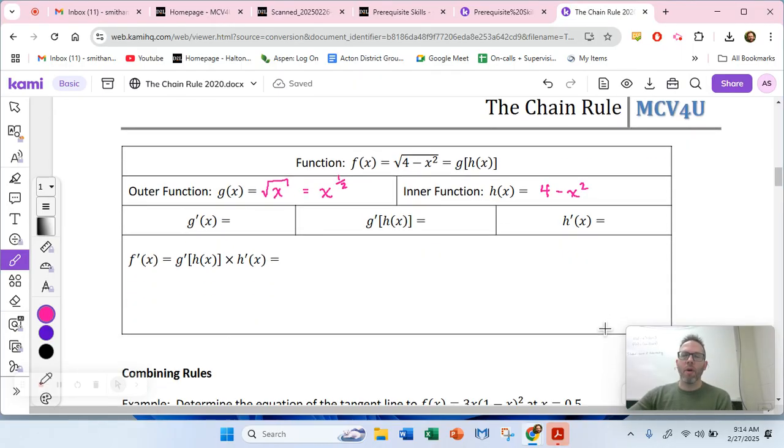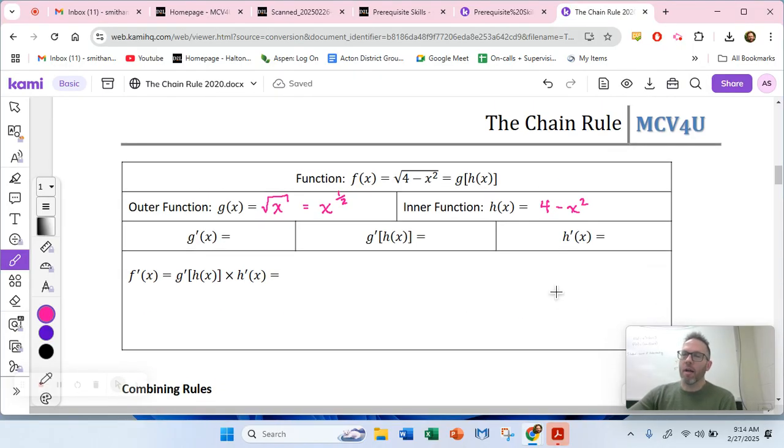And then let's use the chain rule again, the definition of the chain rule, and then we'll just have a team talk and realize, oh hey, this is just the power of a function rule we've been using. All right, so if g is x to the power of a half, g prime of x is 1/2 x to the power of minus 1/2.